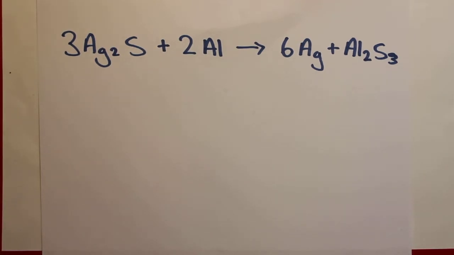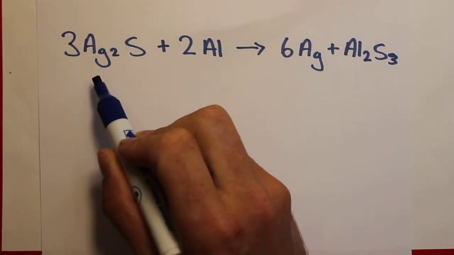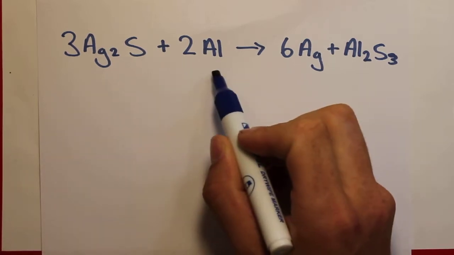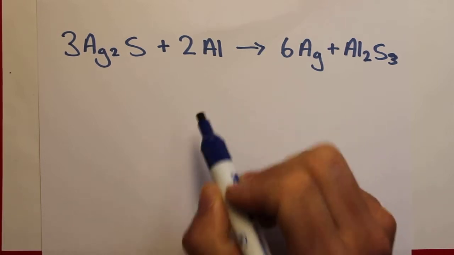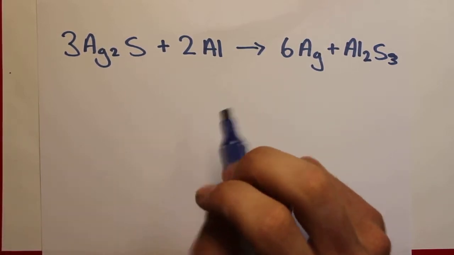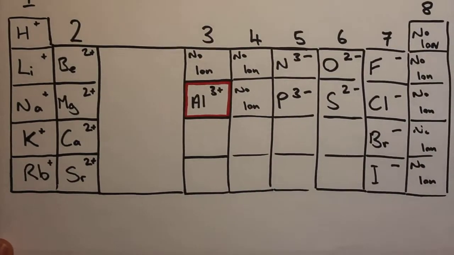Now, this is actually a difficult question to answer using oxidation numbers, because we don't actually have specific rules for silver, sulfur, or aluminium for assigning oxidation numbers. So we need to use a different tactic for answering this question. And to answer this question, we're actually going to remember back to our bonding and what happens to different elements when they bond.